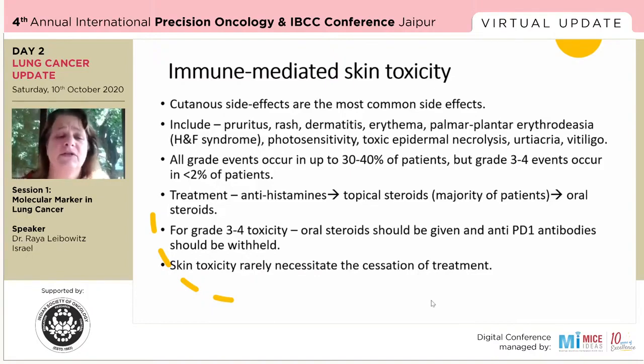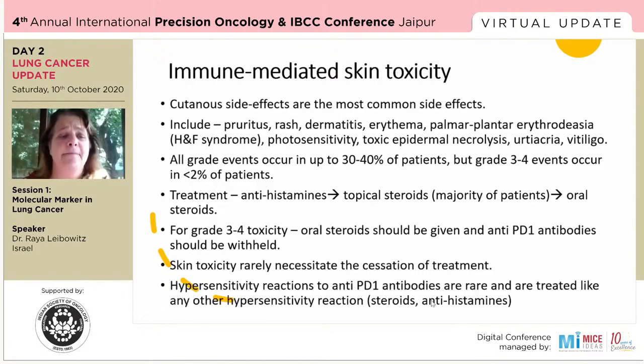Rarely, in most cases, skin toxicity does not necessitate the cessation of treatment. And of course, we mentioned hypersensitivity reactions, which are general reactions, not necessarily immune-mediated. Then we treat them as others, so steroids and antihistamines, as we know.